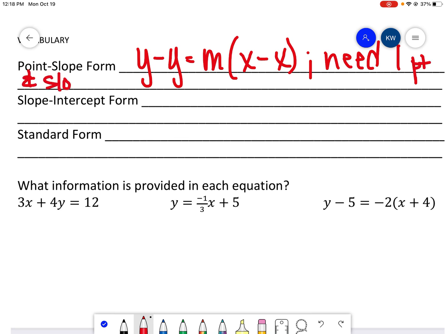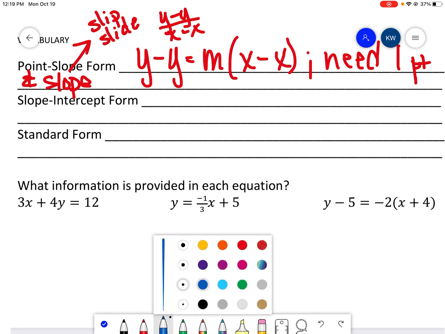If you did not remember how to find slope, slope can be found by doing our slip and slide. That's from last chapter. Or if you don't like using that, it's y minus y over x minus x. So you need to find the point and a slope. You also should notice that you don't need to simplify this, but you can. But you need one point and slope.